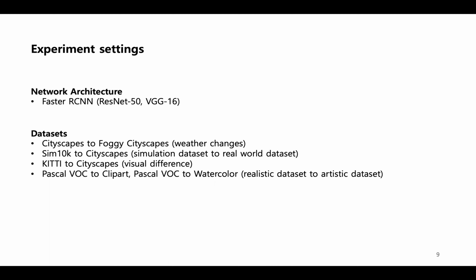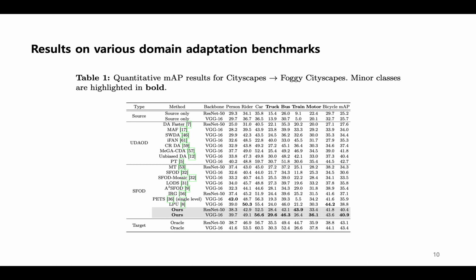And KITTI to Cityscapes, which simulates the visual difference between the datasets on a similar scene. And Pascal VOC to Clipart and Pascal VOC to Watercolor, simulating the domain shift between a realistic dataset to an artistic dataset.